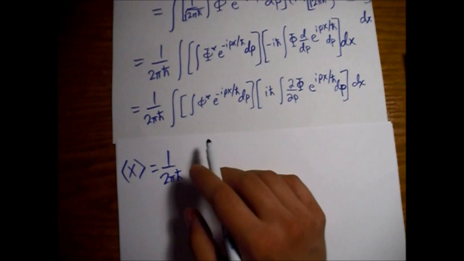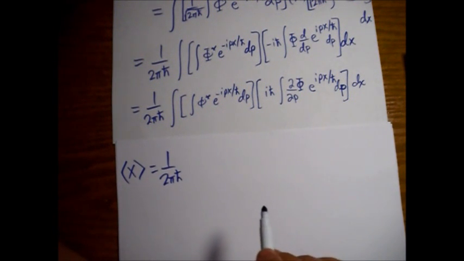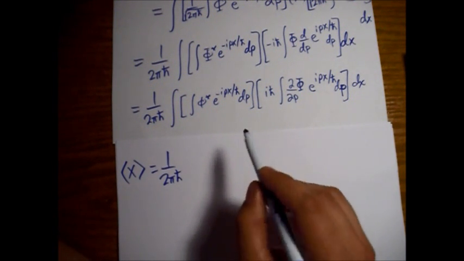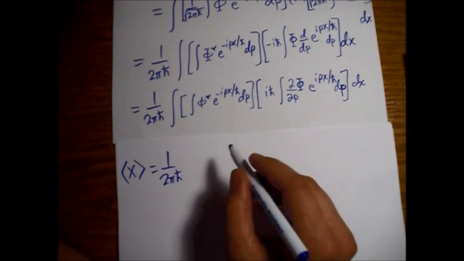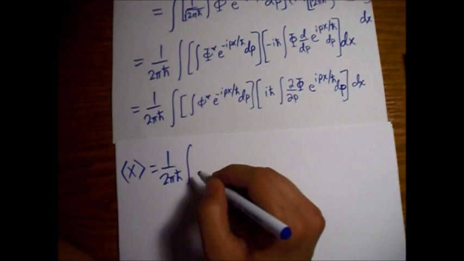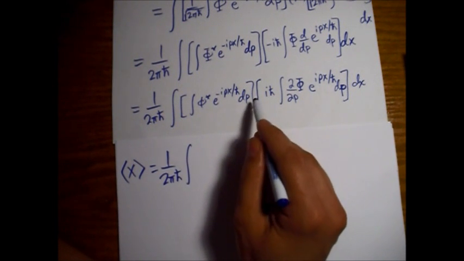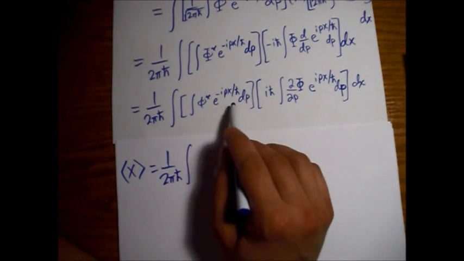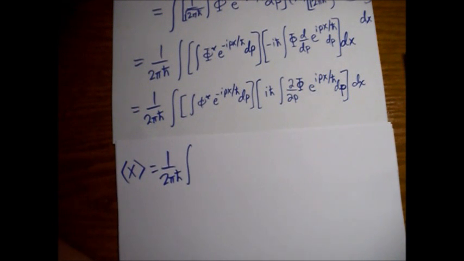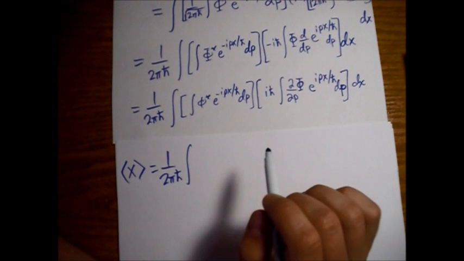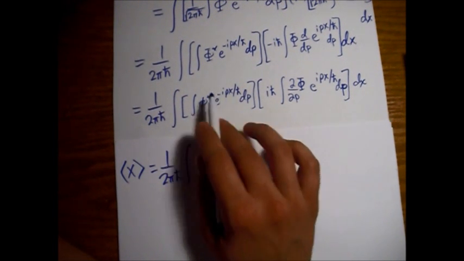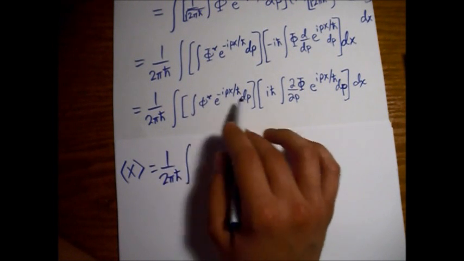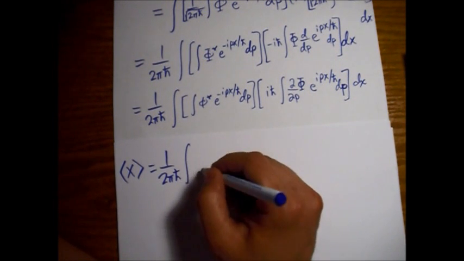The way we're going to do this is, we have to keep the variables of integration distinct. So I'm going to change one of these p's to a q so we know which integral they belong to.